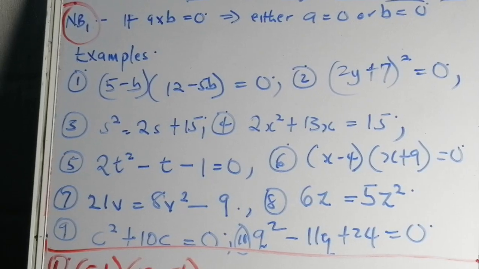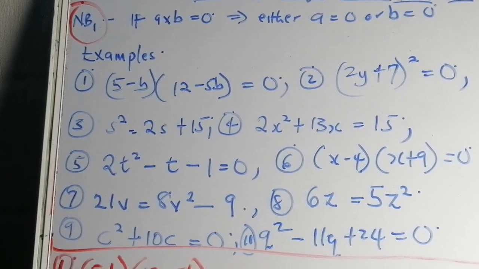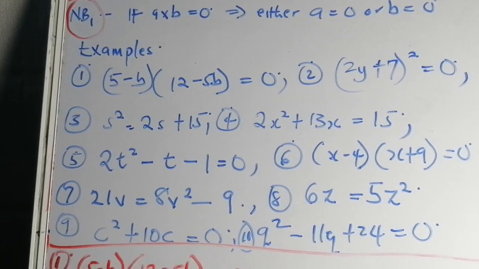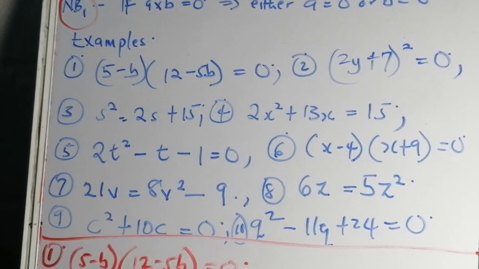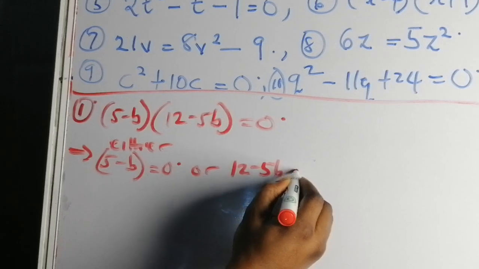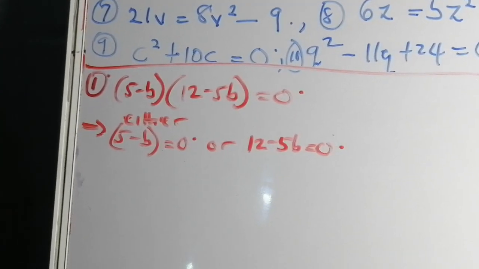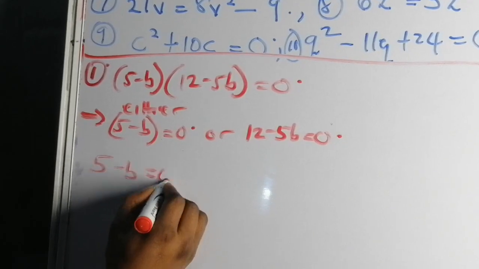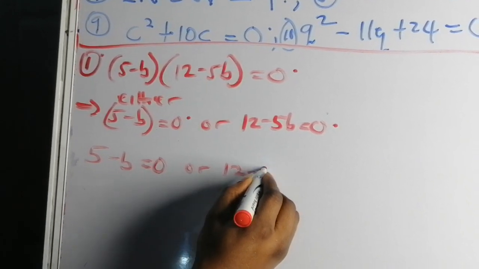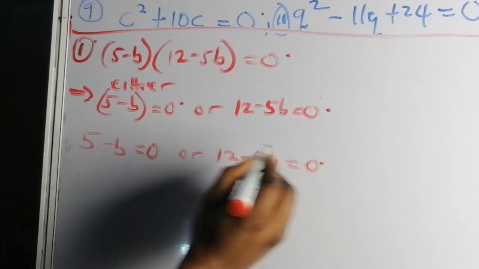So this implies that either 5 minus b equals 0 or 12 minus 5b equals 0.